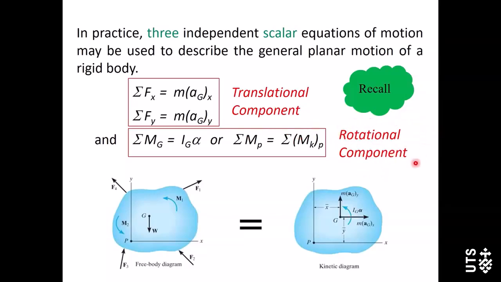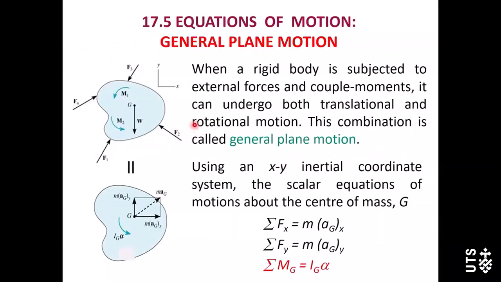This rotational component can be calculated about the mass center point G of this rigid body, but it can also be about a point P if this point gives you convenience. For a general plane motion problem, we apply kinetic equations of motion.